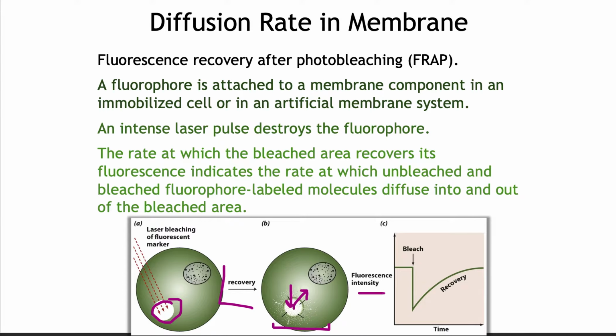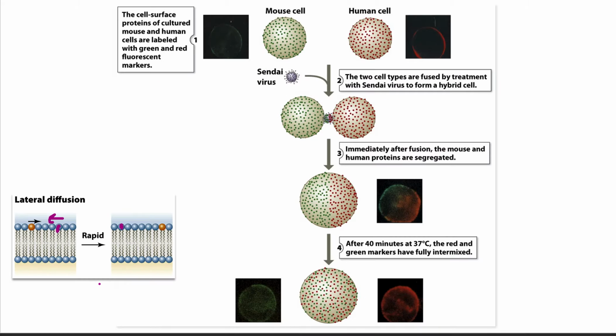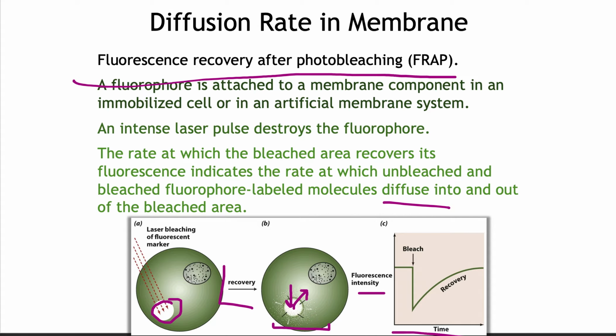All right, so we are looking at the fluorescent intensity over time and recovery, and the rate of the fluorescence to recover after this photobleaching is what we refer to as FRAP, fluorescence recovery after photobleaching, and it measures the rate of the lateral diffusion, right? And studies have shown that the rate of diffusion could be up to 1 micrometer per second. And again, we're just measuring the rate of lateral diffusion using fluorescence recovery after photobleaching, or FRAP.